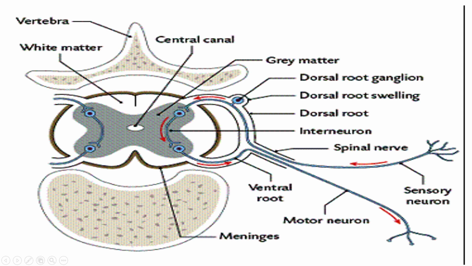Now we can stop calling it the gray thingy. So in the gray matter, it synapses, and after synapsing, we see that there is an interneuron also here, which synapses on the motor neuron, and this motor neuron then takes its effect on muscles that need to carry out a motor movement. And this is coming through the ventral root. And the surrounding, of course, we have the white matter.